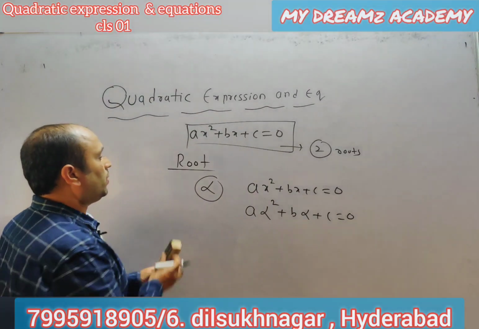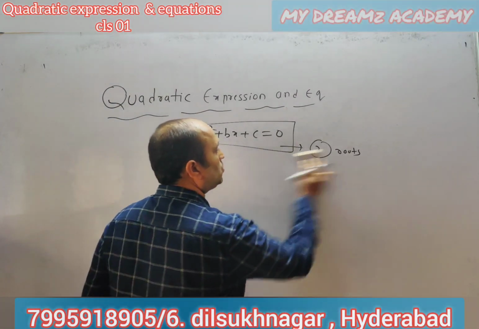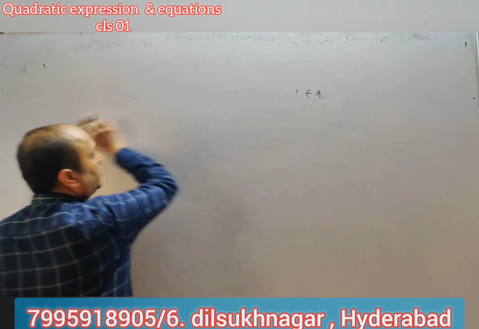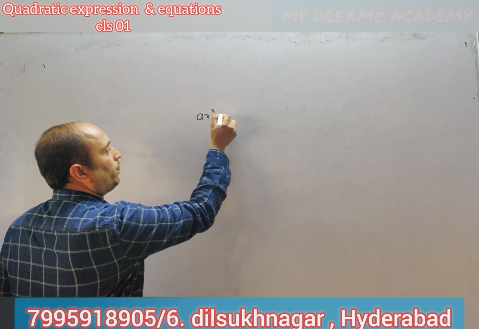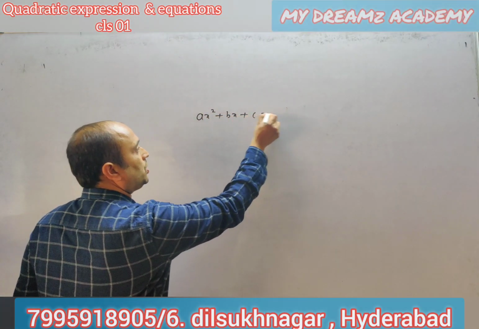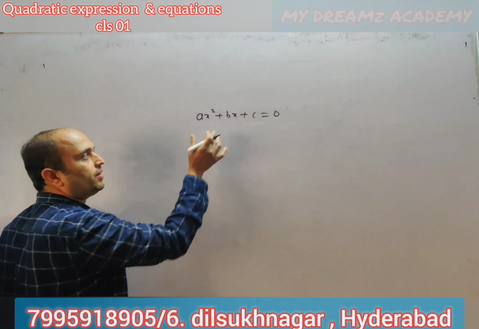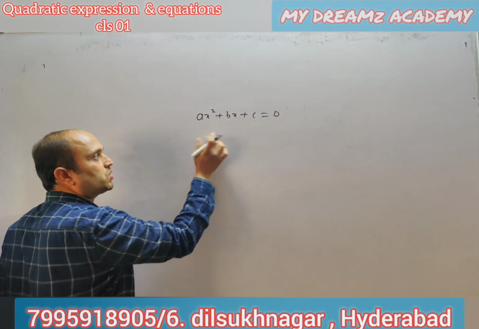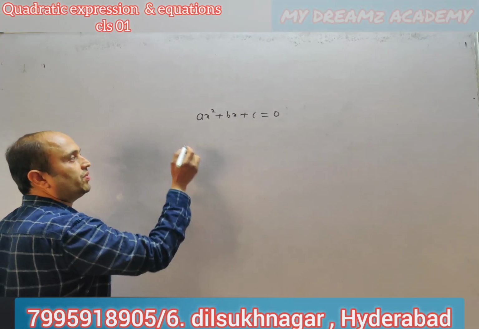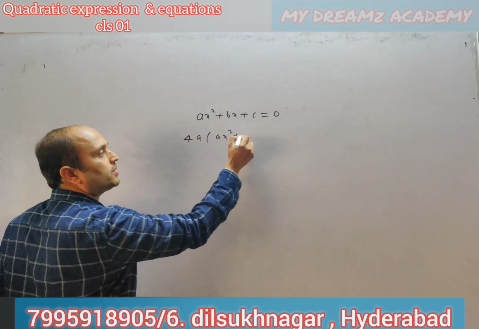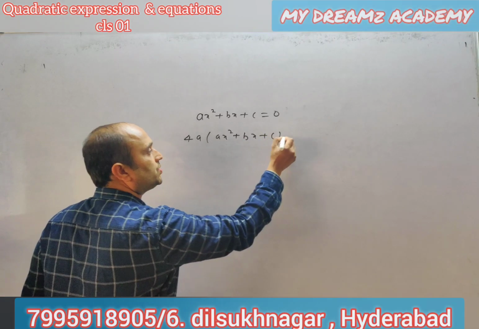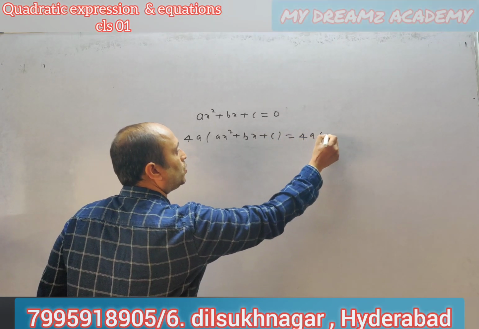Suppose ax square plus bx plus c is equal to 0. Let us find the x value from this. Just make a perfect square of this equation, so multiply with 4a. ax square plus bx plus c is equal to 4a into 0.